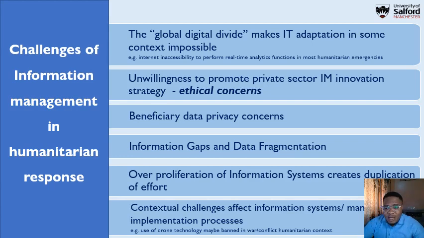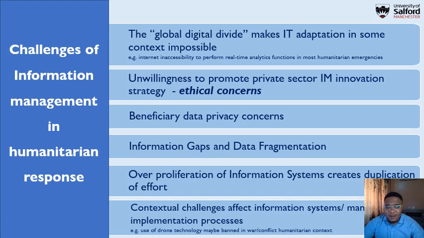And then we talked about information gaps and data fragmentation. The quality of baseline secondary data in every humanitarian response determines the ability of information management officials or specialists to identify what will be affected. These baseline data sets can most times be outdated and can't be integrated into primary data for analysis.